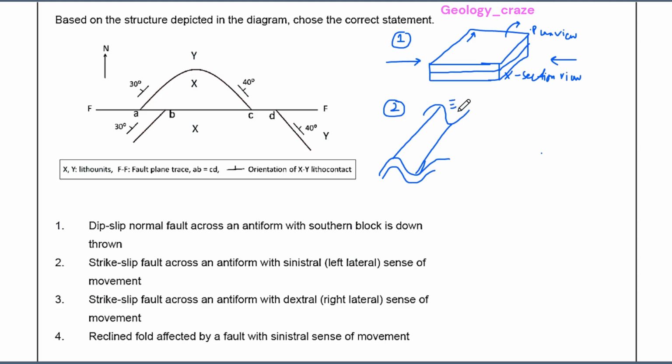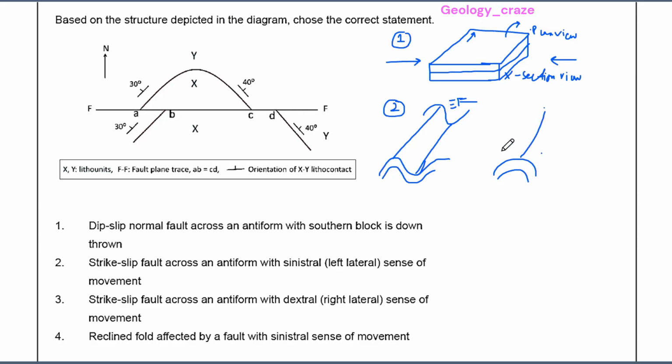But if the force is not equal in north and south, with the southern side having more force, then we get an anticline here, but with less compression here, this side we get well developed. From this side it is difficult to understand, because it is a plunging fold.